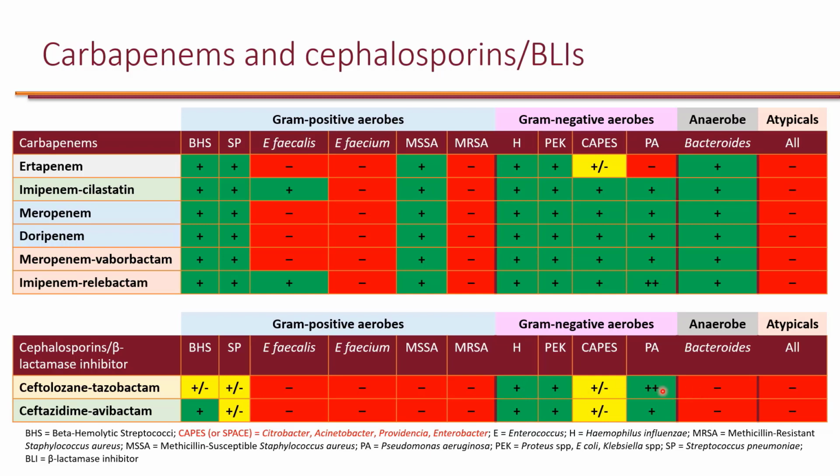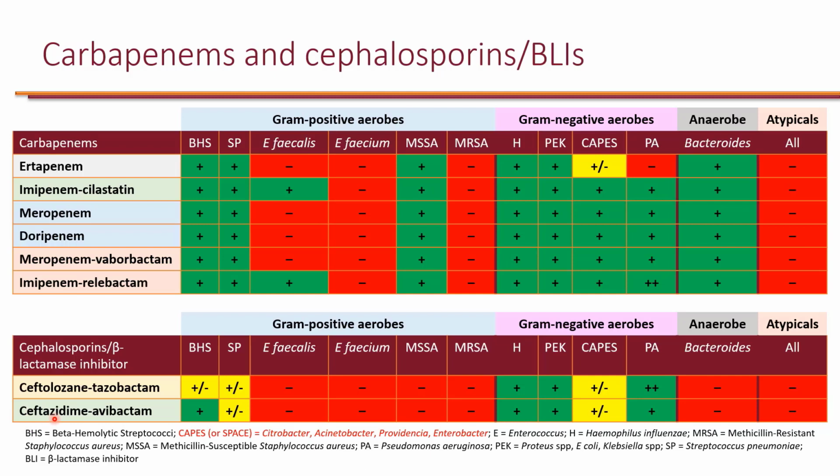The reason they developed ceftolozane-tazobactam was really to target Pseudomonas that were potentially resistant to other available agents. So if you have Pseudomonas resistant to cefepime and piperacillin-tazobactam, or even resistant to meropenem, ceftolozane-tazobactam could potentially still have activity, so very potent against Pseudomonas.